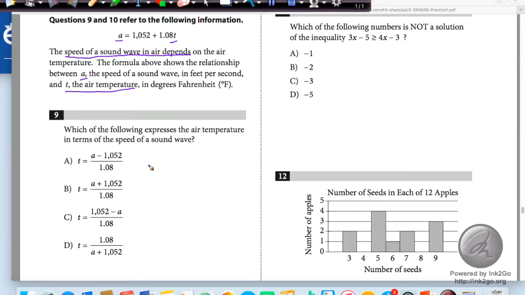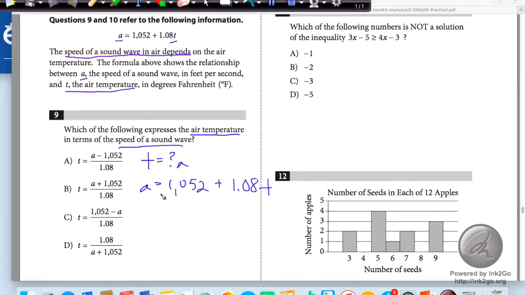Okay, so problem 9 is stating which of the following expresses the air temperature in terms of the speed of a sound wave. So when it says which of the following expresses the air temperature, what it's really asking is T question mark in terms of A. So if I took the above equation, A equals 1052 plus 1.08 t.